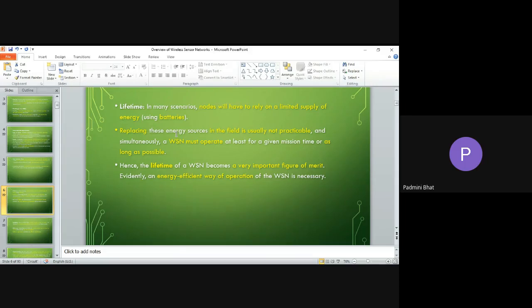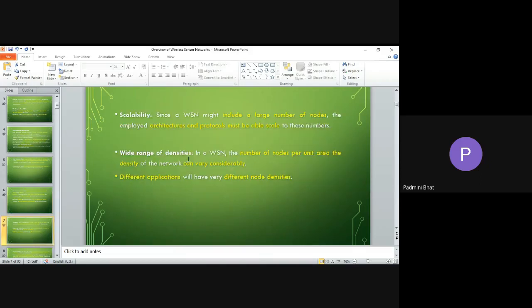To overcome this, the lifetime of a sensor network becomes a very important figure of merit. The energy efficient way of operation is always under research, how energy efficient transmission can be done, because the storage capacity of the remote node is always less.